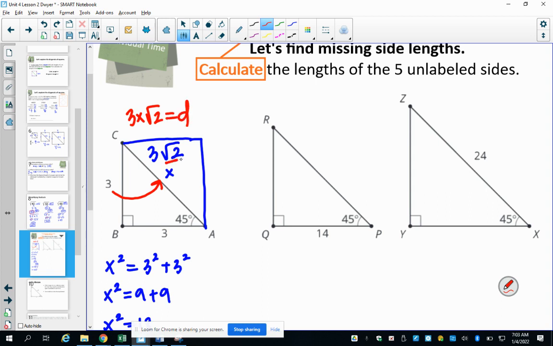That's what just happened here. If you calculated that with a decimal, 3 times 1.4 would be 4.2. And if you calculated 3 times the square root of 2 in your calculator, 3 square root 2 is about 4.2.